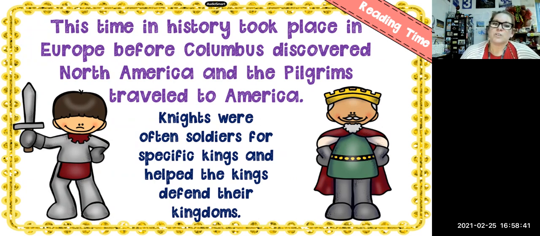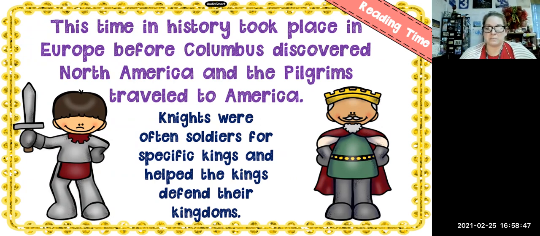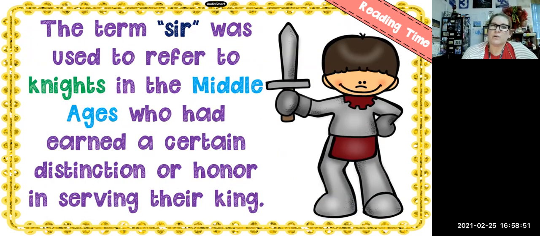Knights were often soldiers for a specific king, and they helped those kings defend their kingdoms. The term sir was used to refer to knights in the Middle Ages who had earned a certain distinction of honor in serving their king. So just anybody couldn't be called sir.